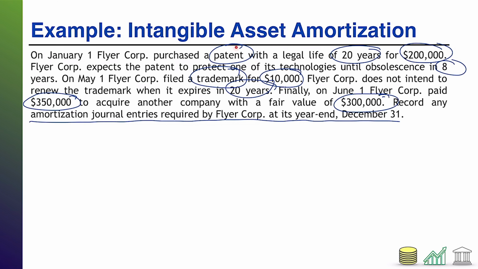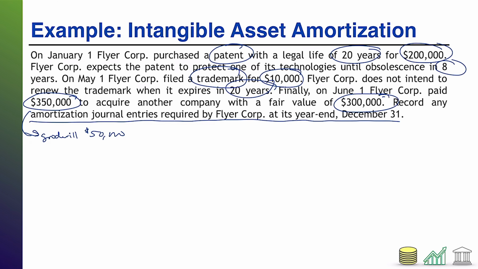Patent, trademark, and then over here I didn't name it, but buying another company for greater than its fair value, that right there is goodwill. And specifically, because the company was worth $300,000, we paid $350,000. That's $50,000 worth of goodwill.